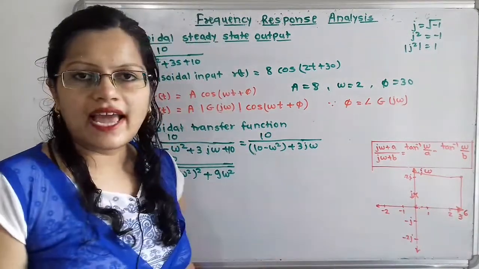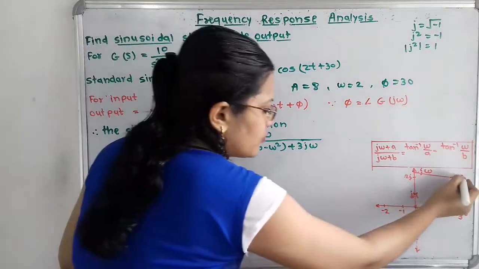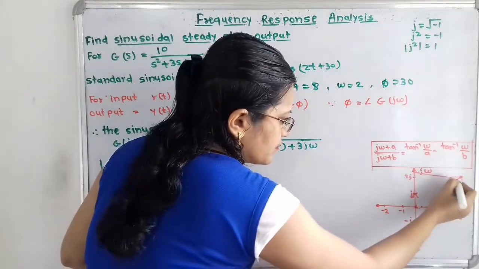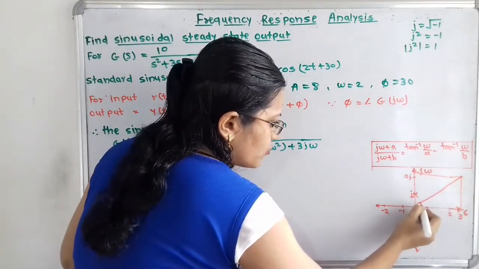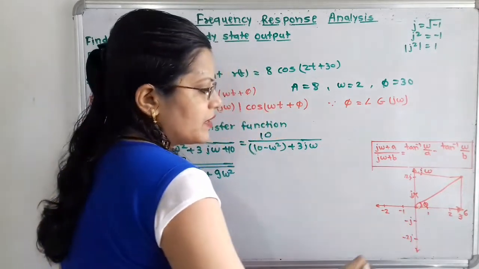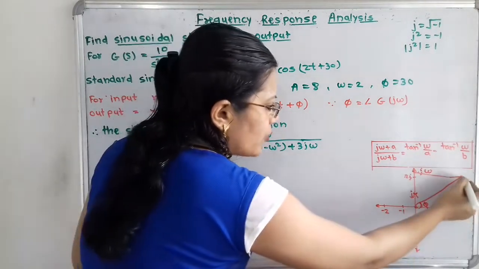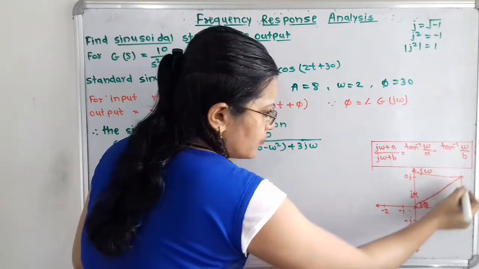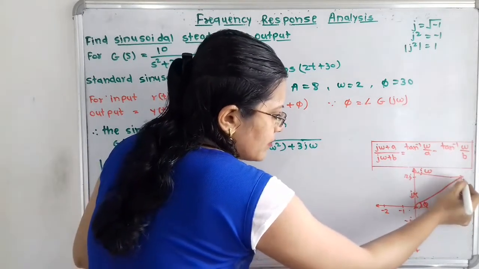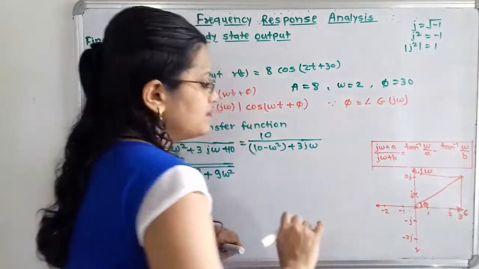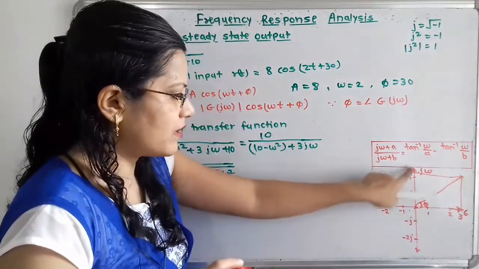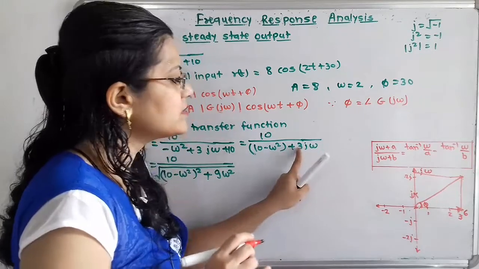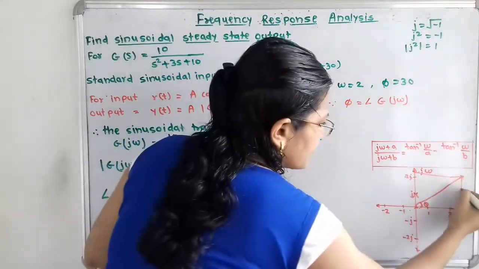So how to measure the angle? We have to join this point of intersection with the origin, and we have to measure this angle theta. If we observe, this is a right angle triangle. What is the length of this vertical line? Here 3j omega, so the magnitude is 3 omega.